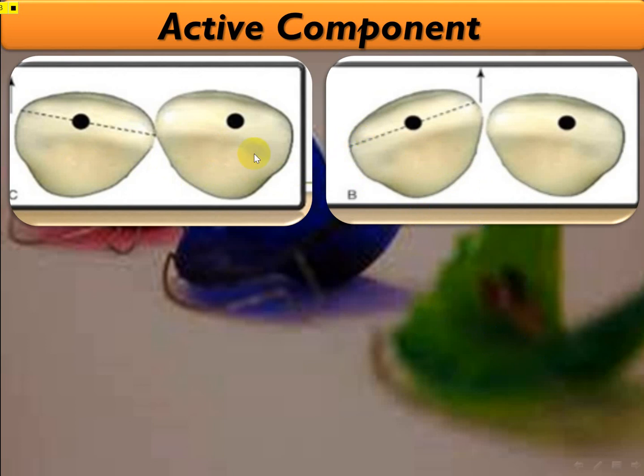What is the difference between them? As I explained previously, if I want to correct the rotation by removable appliance, I need two forces, equal in amount, opposite in direction, like the Z spring and Hawley arch.